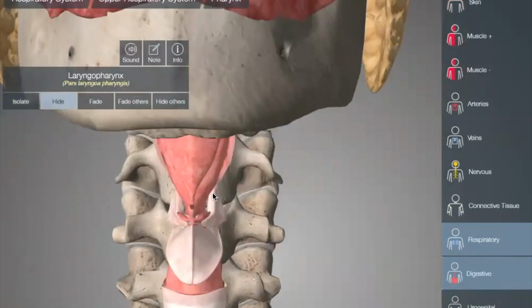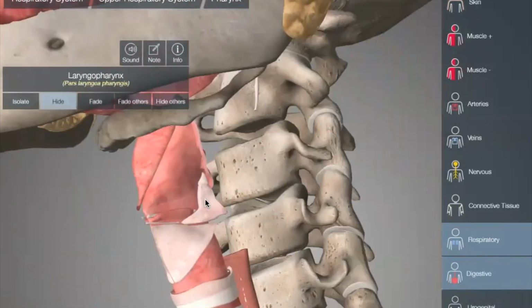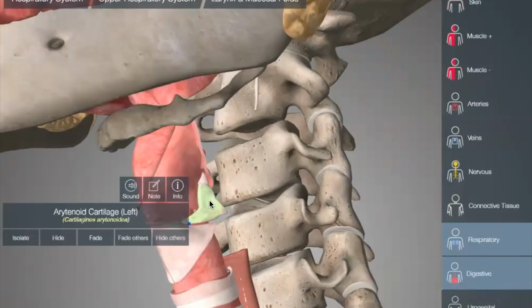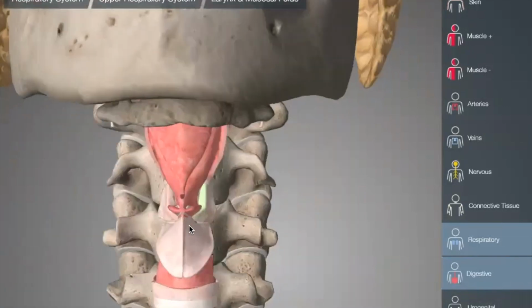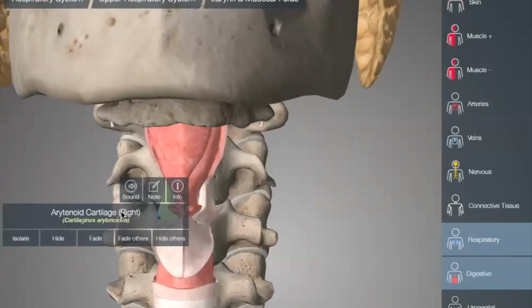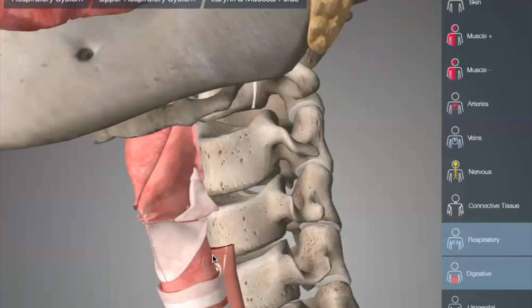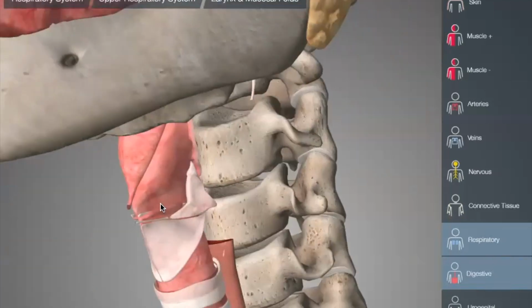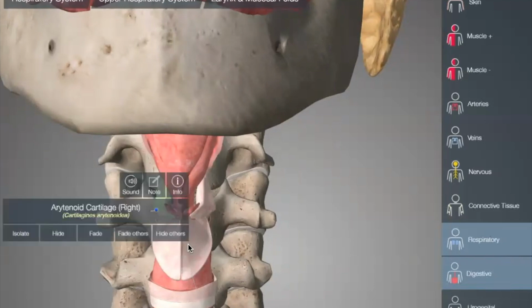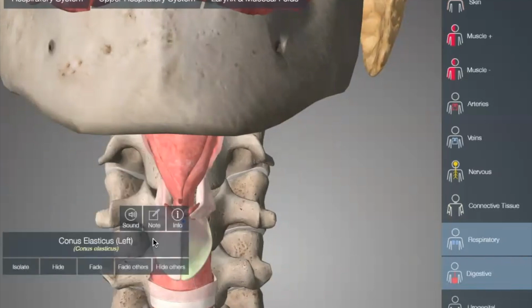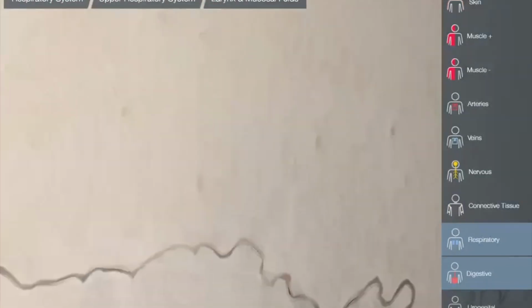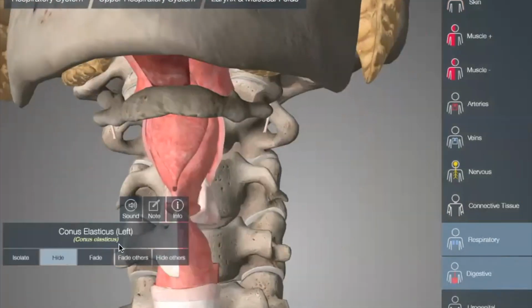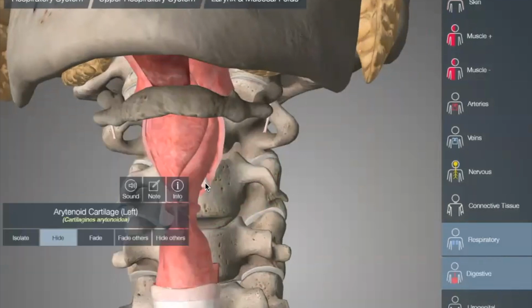Internally, you can see that the arytenoid cartilage, left and right, exists. That's the third type of cartilage that is present. Fourth, we have the corniculate cartilage that exists on the top of the arytenoid cartilages, right and left. And also we have the conus elasticus, left and right as well. Let's hide those cartilages and get out the soft tissues.